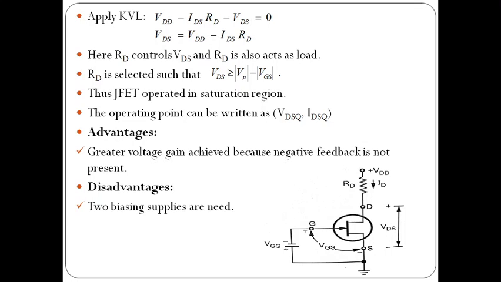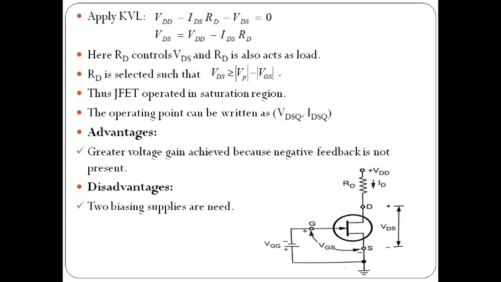VGG is connected to the gate to operate the junction in reverse bias, and thereby drain current can be controlled. In JFET we know the gate current Ig is almost equal to 0 because the gate channel junction is in reverse bias.